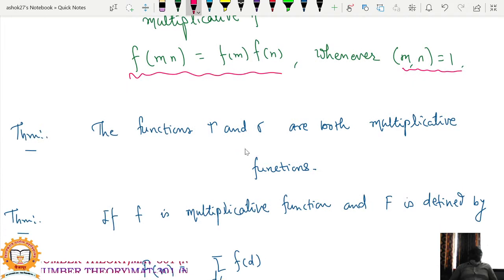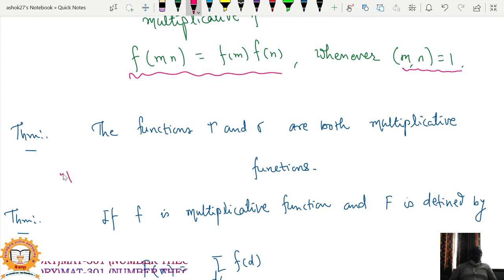See, so there are some theorems regarding multiplicative functions. The first theorem: the functions tau and sigma are both multiplicative functions. It means both sigma and tau satisfy this condition.